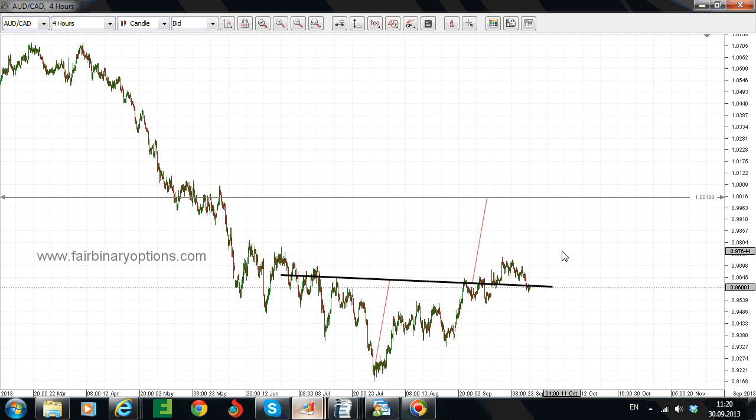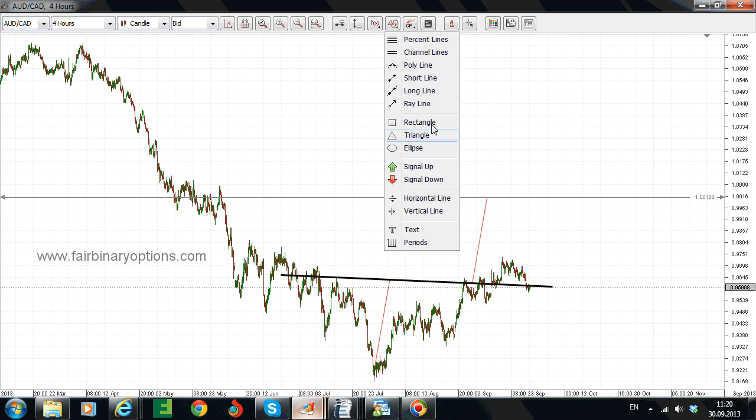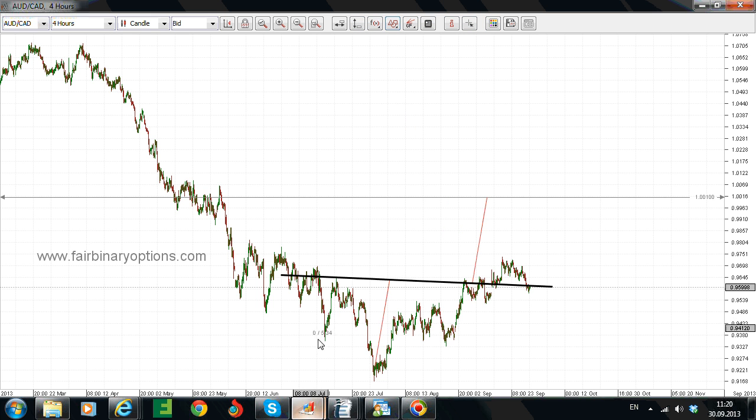Whenever you are looking at an inverse head and shoulder, you should look at the possible relationship between the left shoulder and the right shoulder. In our case, if you take a look here, this is the left shoulder, and this is the right shoulder.